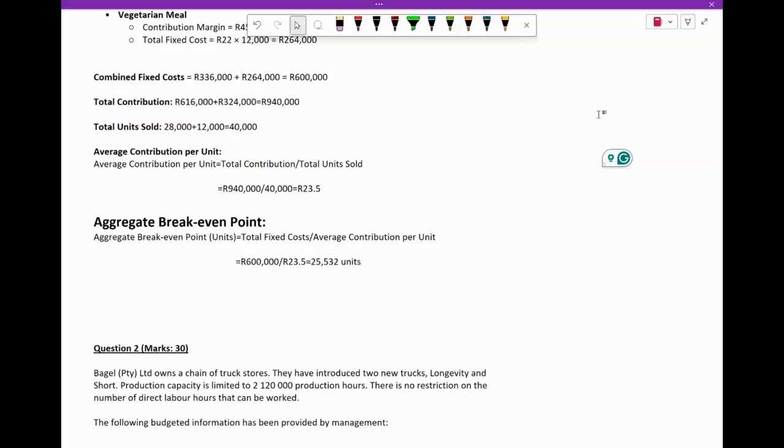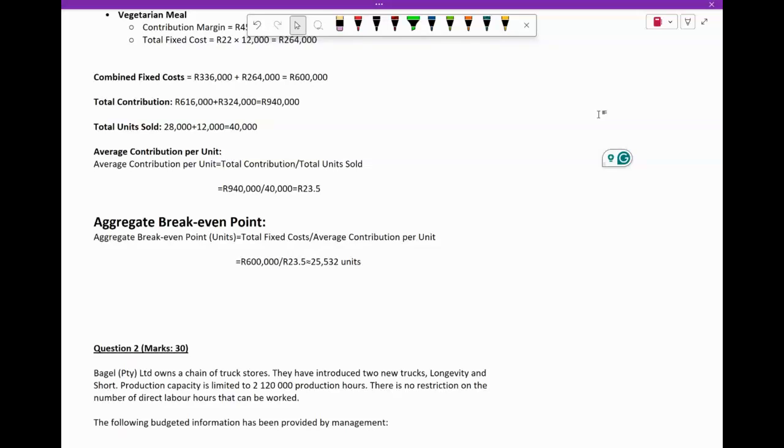Let's go to that question. So that question is 3.2. Here they said they also want the sales, but I did not actually calculate the sales. So let's go to 3.2, because it's all about the wording of the question. In 3.2, they say calculate the aggregate break-even units and sales.